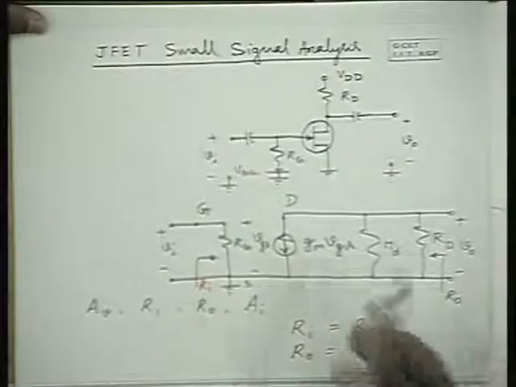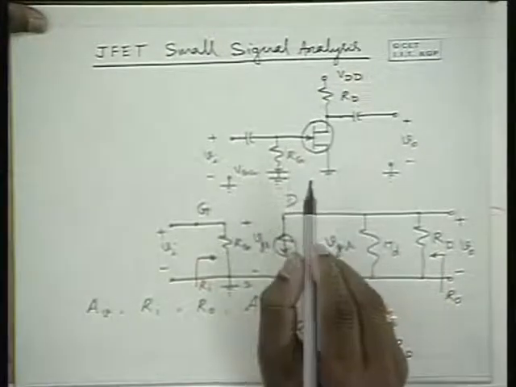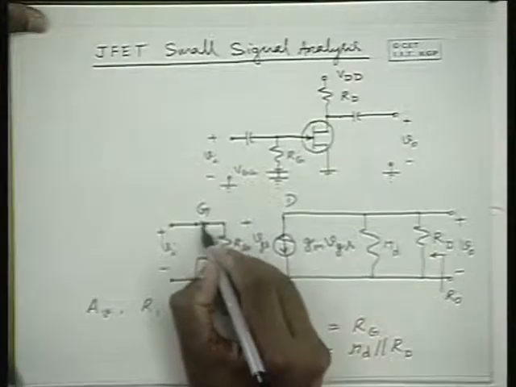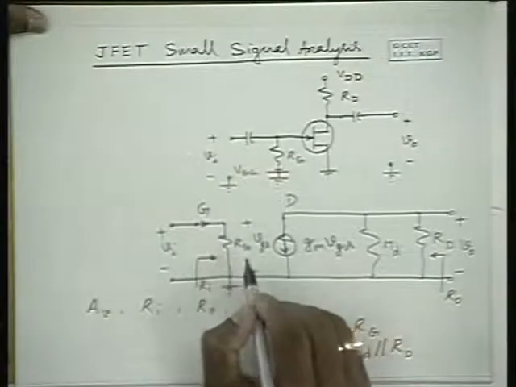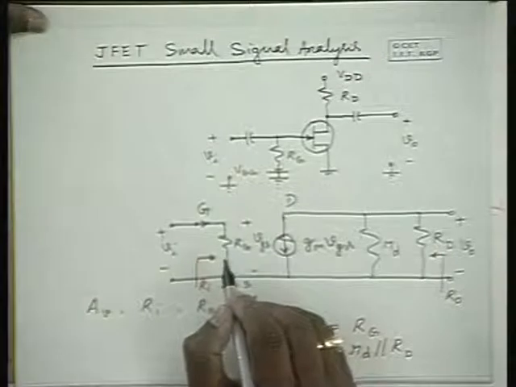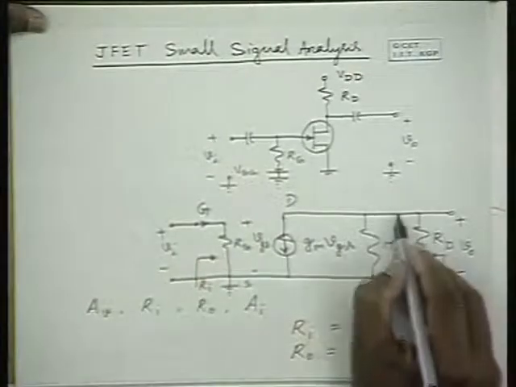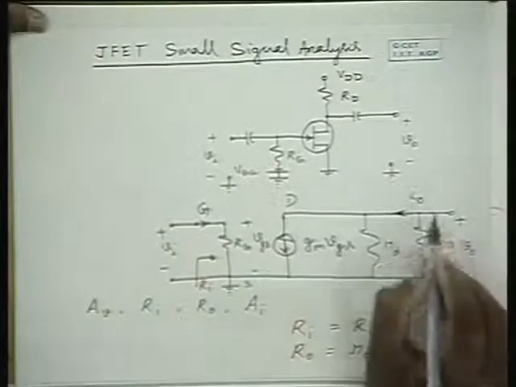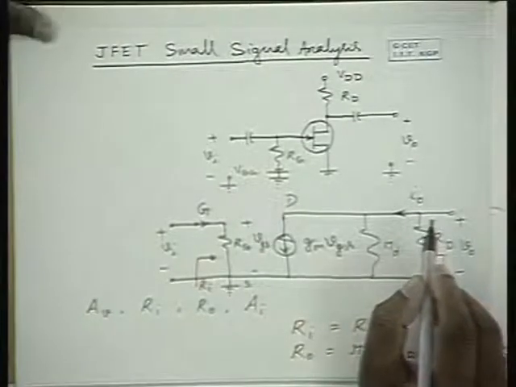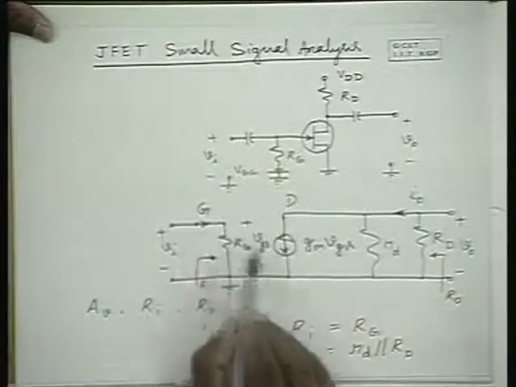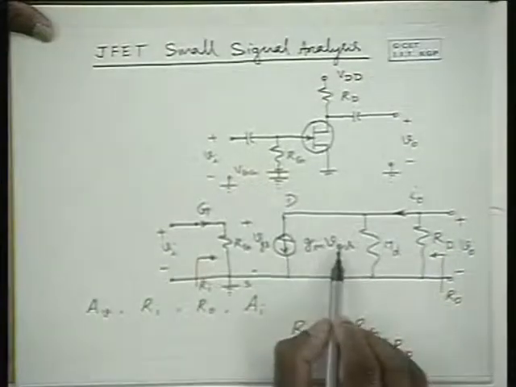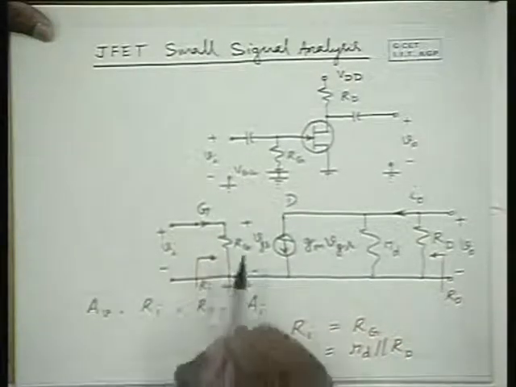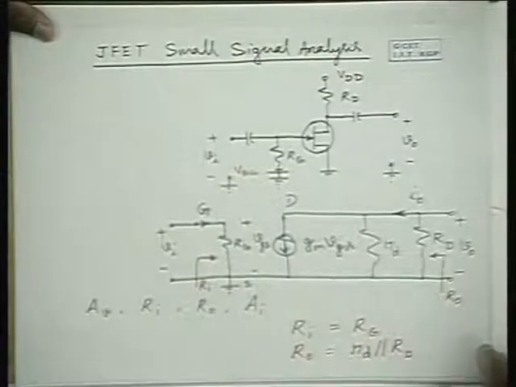Hence, no current flows into the gate for all practical purposes, and whatever current flows is through RG, and the output current is this current I naught. Therefore, the current gain is GM VGS divided by VGS by RG. Input current is VGS by RG.